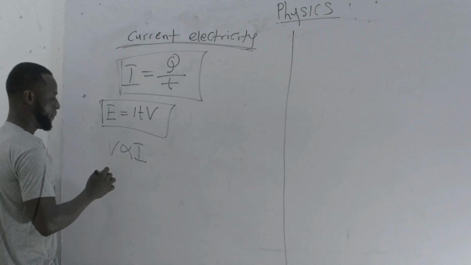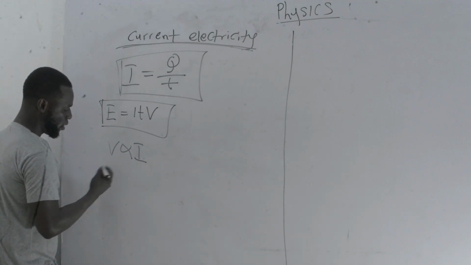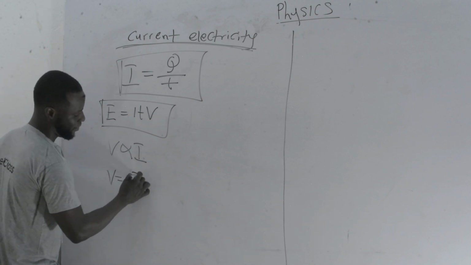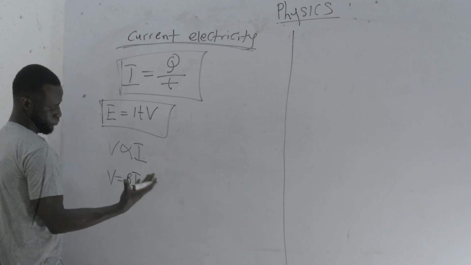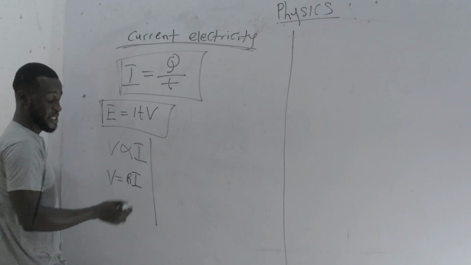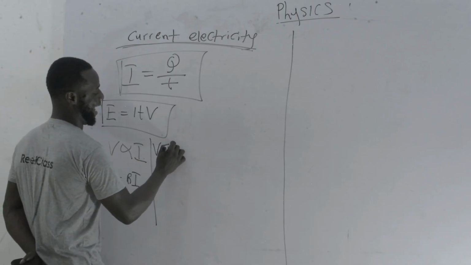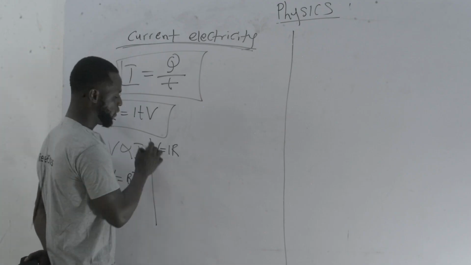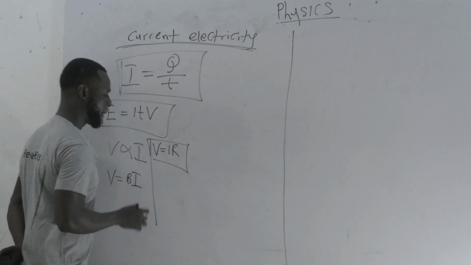If I introduce a constant, I will have V equals RI. But just to write it well so that it looks like the things we have been saying before, V equals IR. R is my constant of proportionality.